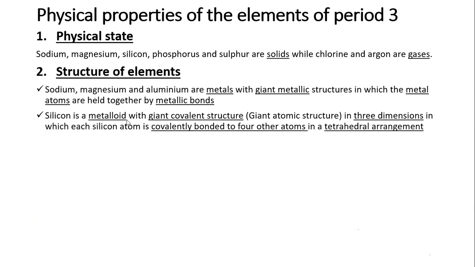Okay, so this is how we can describe it. Silicon is a metalloid with a giant covalent structure or giant atomic structure in 3 dimensions, in which each silicon atom is covalently bonded to 4 others in a tetrahedral arrangement.